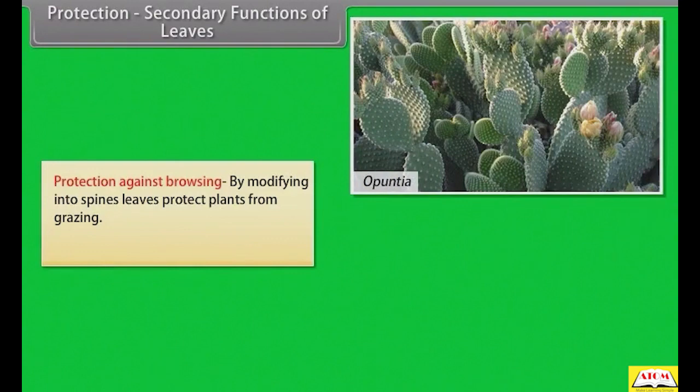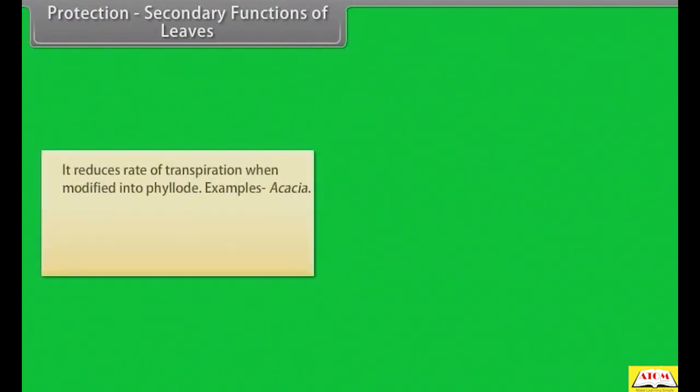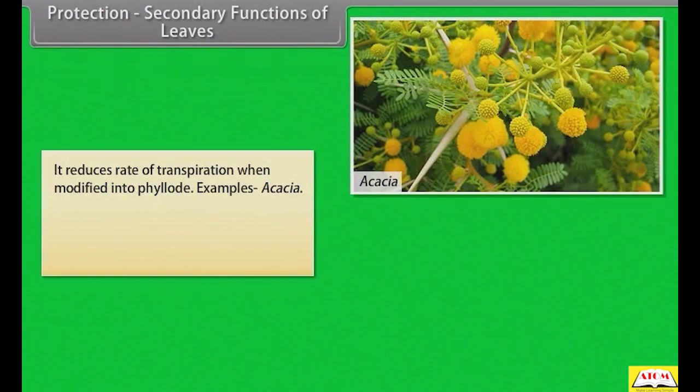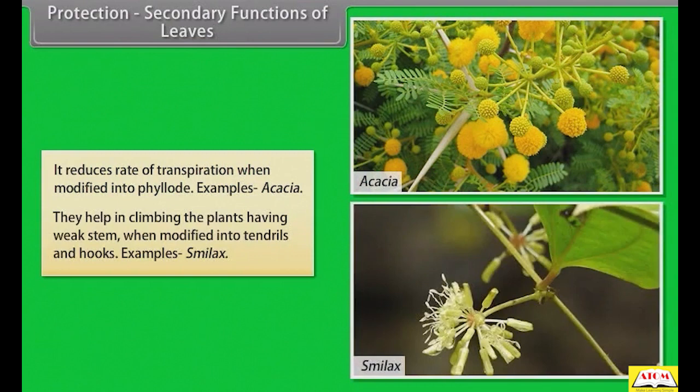By modifying into spines, leaves protect plants from grazing. Examples: Opuntia and barberry. It reduces rate of transpiration when modified into phyllodes. Examples: acacia. They help in climbing the plants having weak stem when modified into tendrils and hooks. Examples: smilax.